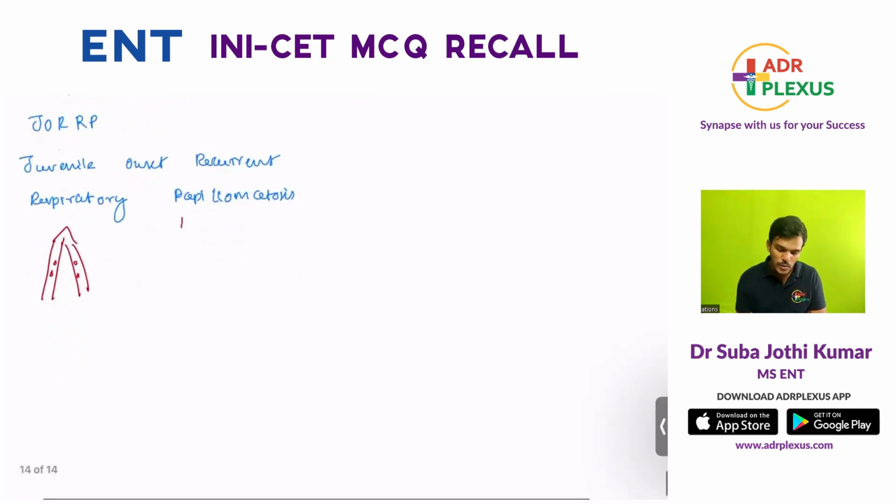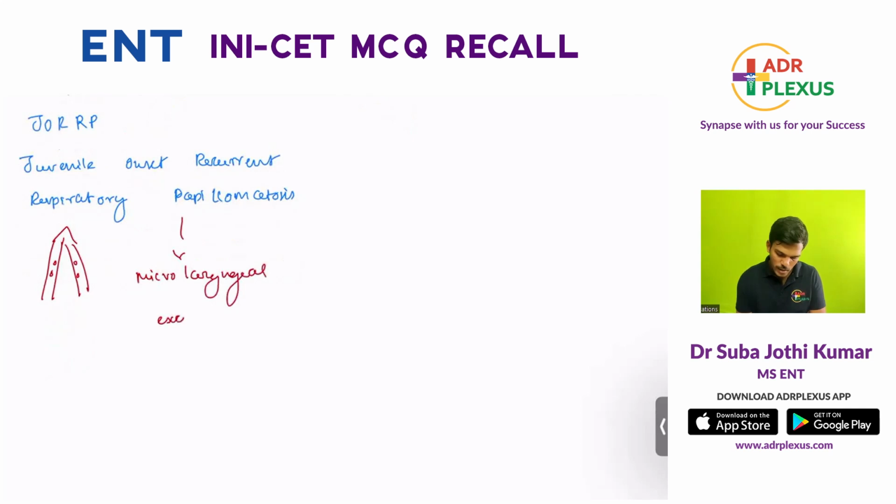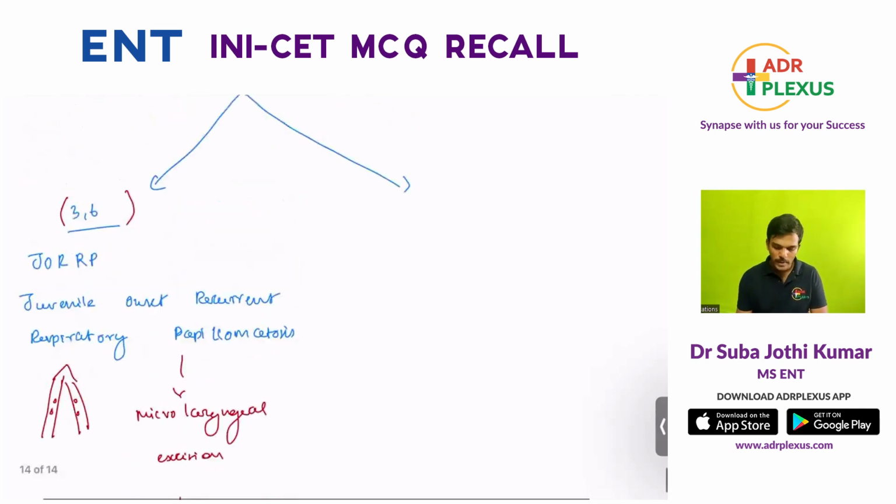So what you could do? You could do microlaryngeal excision of the lesions. So not much recurrence is noted in juvenile onset recurrent respiratory papillomatosis.